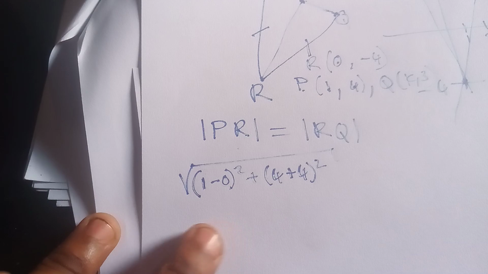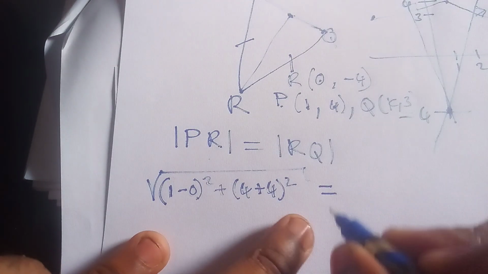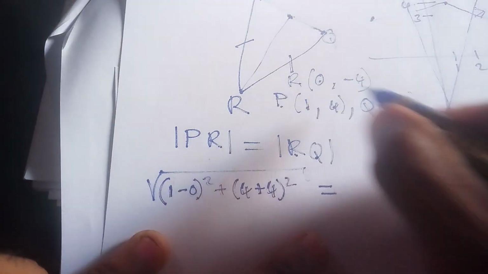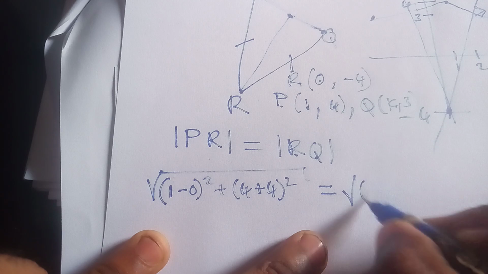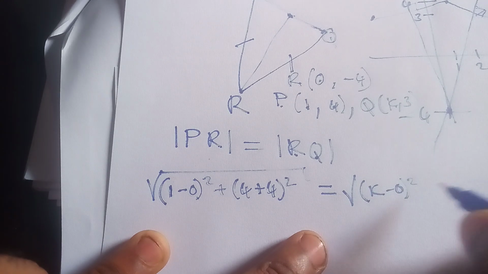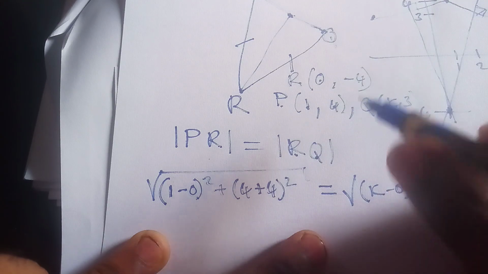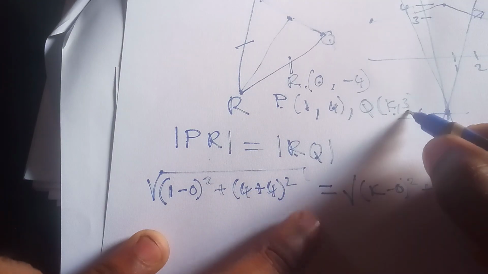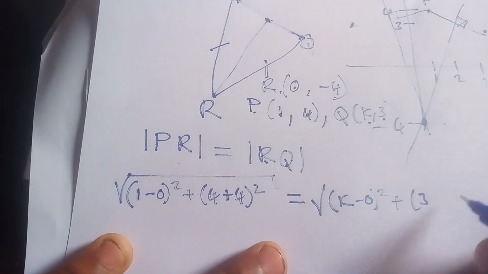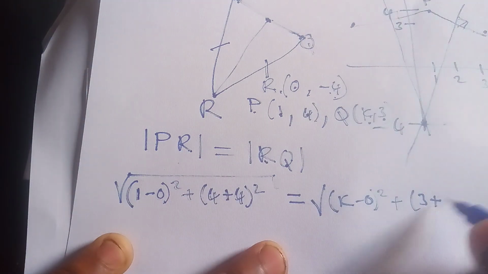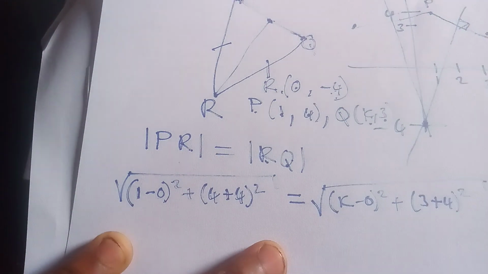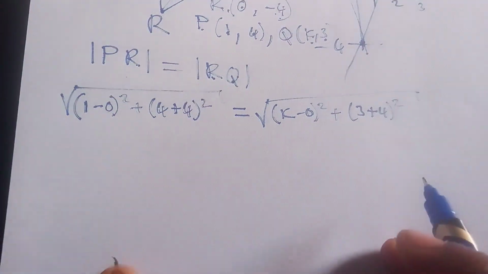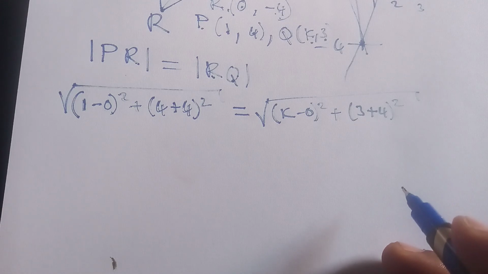This must be exactly the same as the distance between R and Q. So RQ will be the square root of (k minus 0) squared plus (3 minus negative 4) squared.